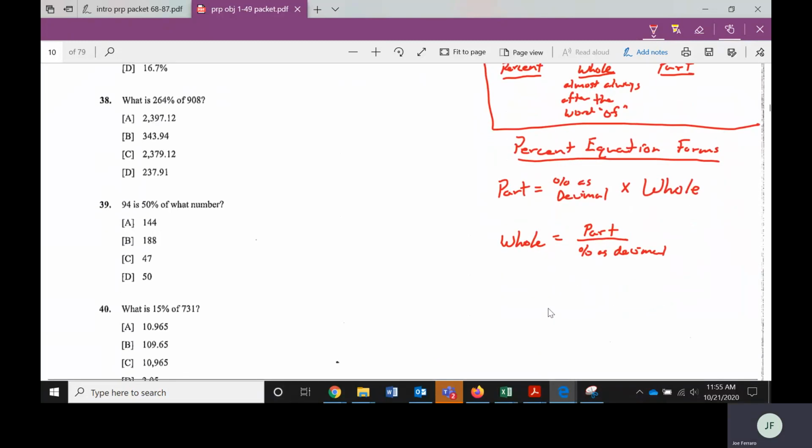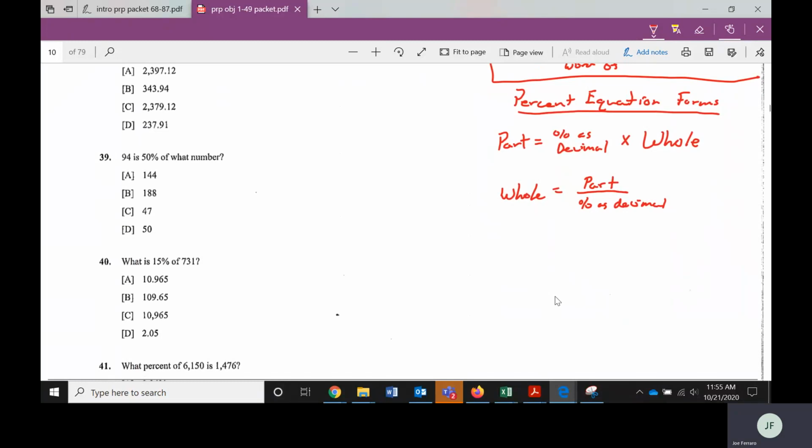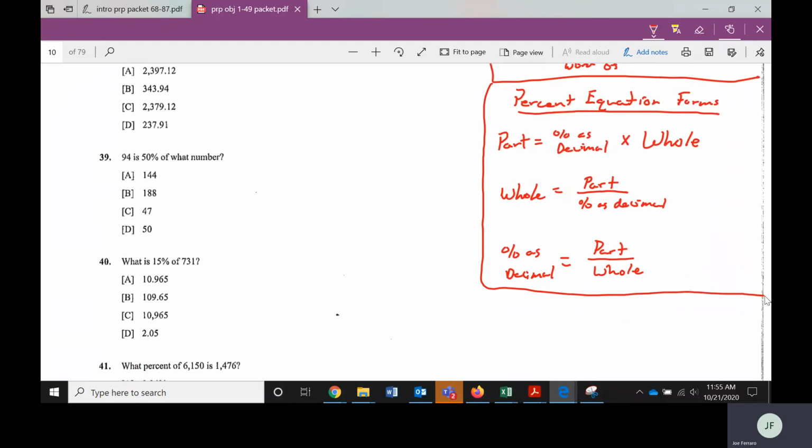And the last one is if we need to find a percent, the decimal version will be equal to the part divided by the whole, which is kind of like how you would get a test score. I'll explain these as we do some problems in a second.